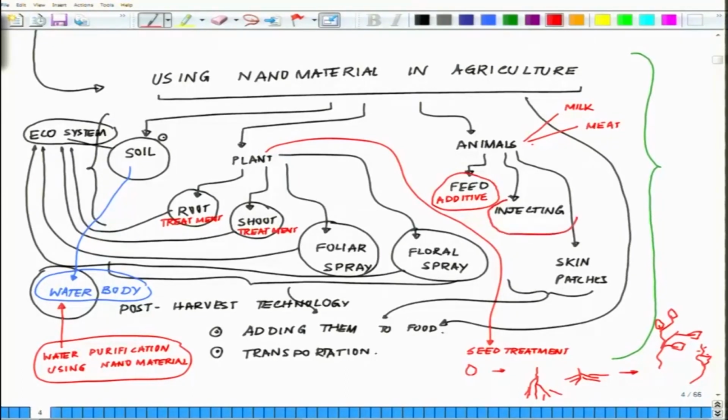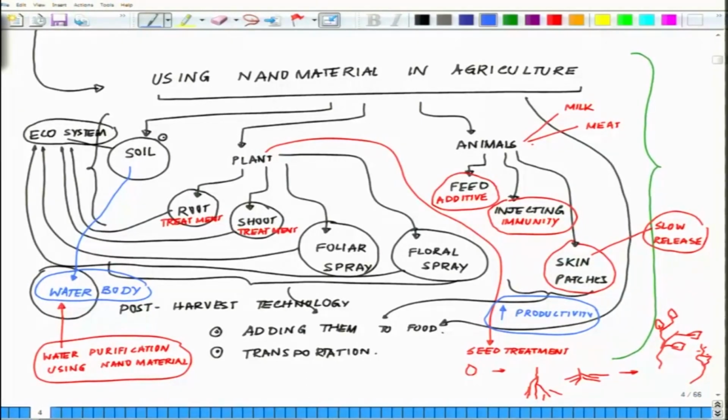They could also be injected for immunity, or used as skin patches for slow release. The overall goal of these kinds of applications is enhancing productivity in both the plant and the animal world.